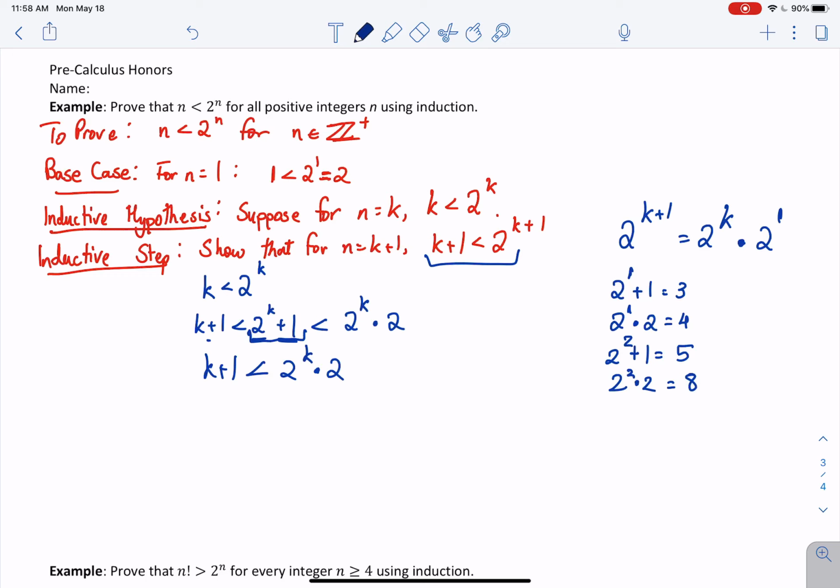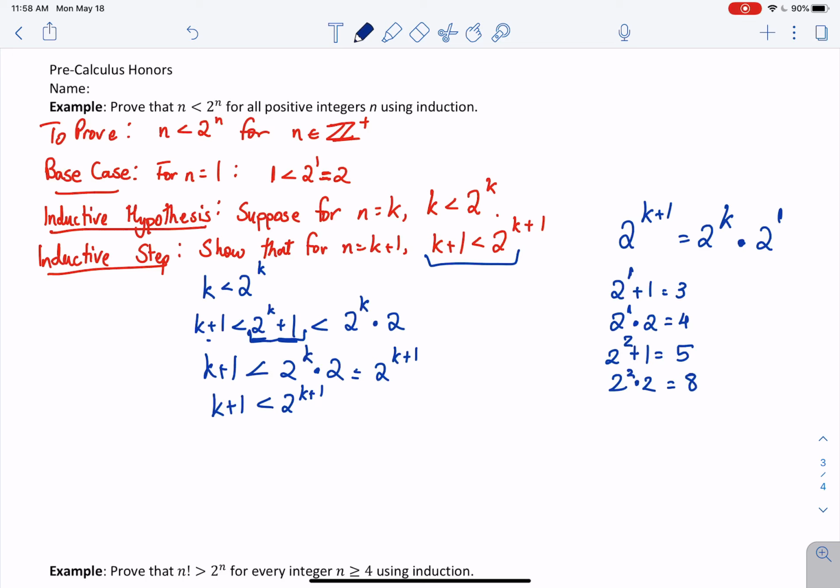And then we can say that the 2^k times 2, that's the same as 2 to the k plus 1, all in the exponent. So finally we have k plus 1 is less than 2 to the k plus 1. So again, kind of a tricky thing in this math manipulation. That's where all these induction proofs get a little tricky, right? We're trying to manipulate these inequalities or equations in ways that will help us get to what we want.